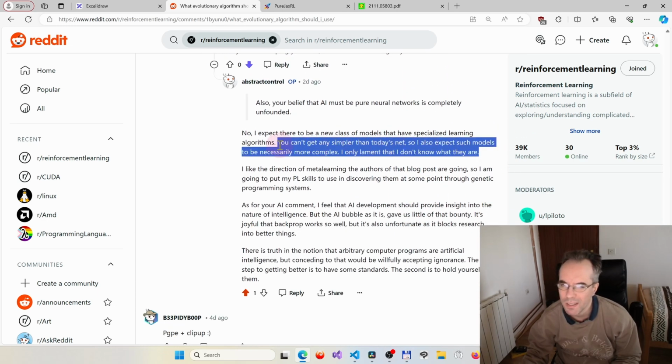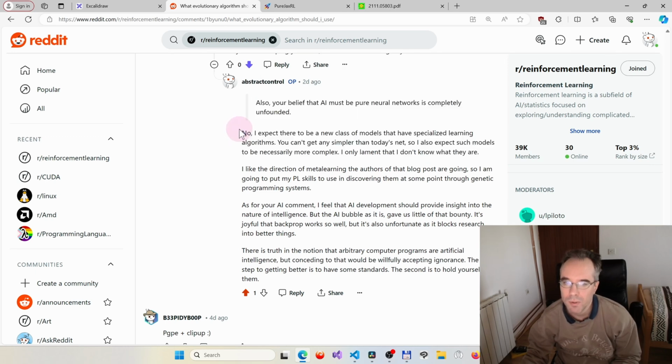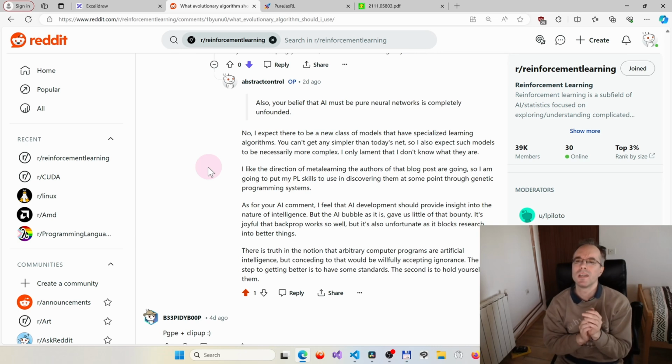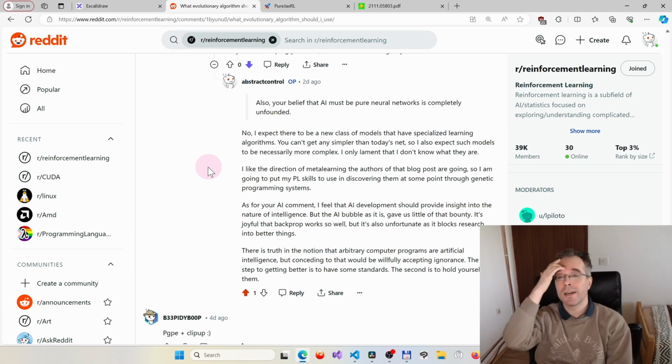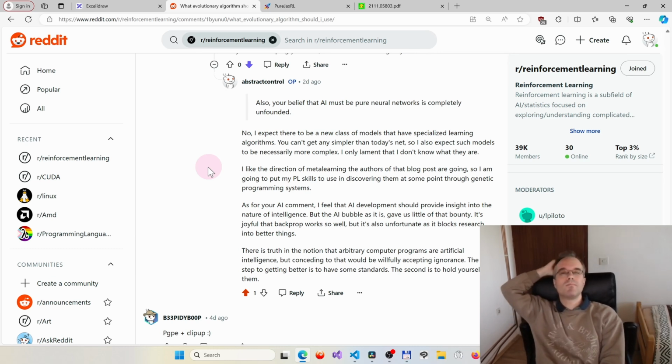And this is in fact what I do expect. The backpropagation is pretty simple, and I do expect that we'd have specialized learning algorithms in the future that can only optimize a particular class of models. Backpropagation is a very general method for optimizing mathematical expressions, and that's not necessarily something that we require for intelligence. What we require for intelligence is something different.